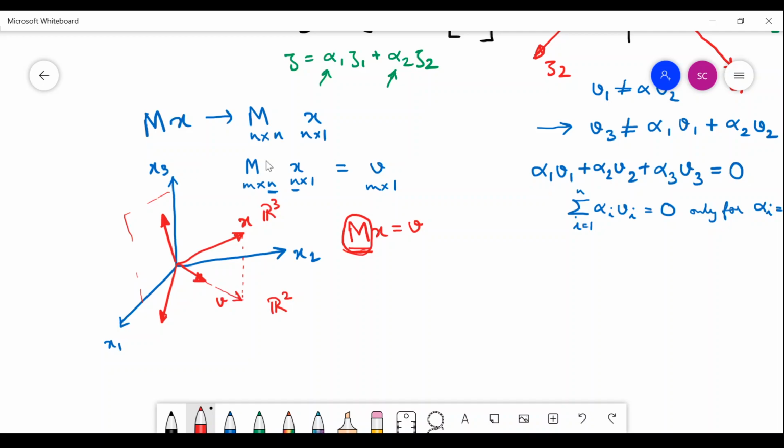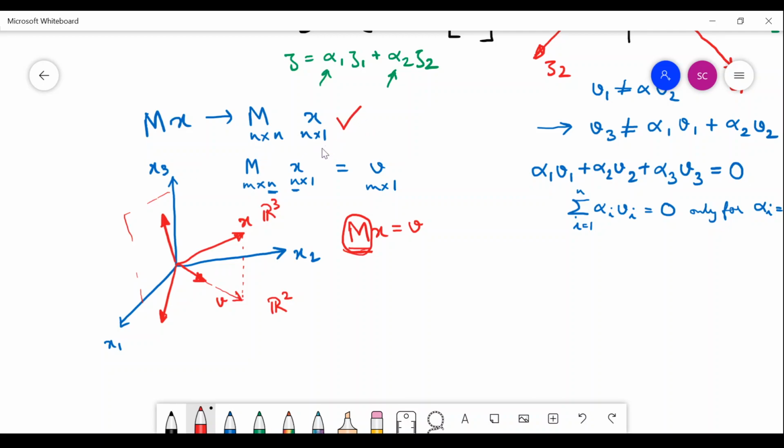So I have given you an understanding of the similarity transformation, or in general any transformation. It may not be an invertible one also, but a similarity transformation needs to be invertible. However, we have given you an understanding of the transformation, which is like this: a square matrix multiplied by the vector.